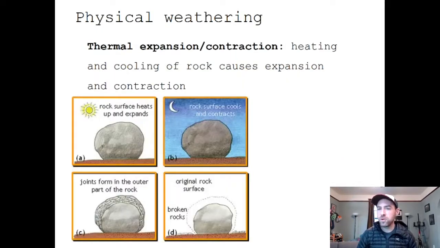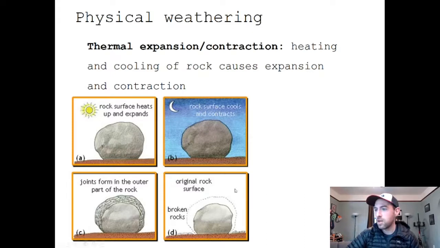Another somewhat similar process can occur in areas where there's a significant amount of temperature variation between, say, night and day, not like here in Louisiana. It's called thermal expansion and contraction. If you have a boulder sitting on the surface, for example, as the sun heats that rock, it expands a little bit, and then at night it cools and contracts a little bit, and that process repeats itself thousands and thousands of times.